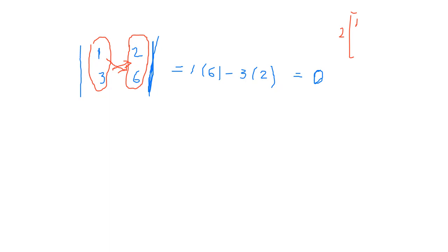When you have a determinant of 0, the columns of the determinant are linearly dependent. And notice that 2 times the vector 1, 3 is equal to 2, 6. Very interesting, right?